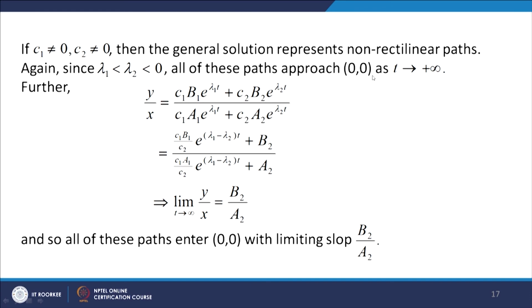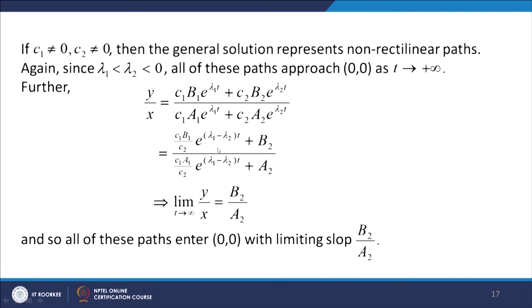So, what will happen is that now this equation we can write as c1 b1 over c2, because c2 is not 0, we can divide by c2, and e to the power lambda 2 t also we can divide in the numerator and denominator. So, (c1 b1 over c2) e to the power (lambda 1 minus lambda 2) t plus b2, over (c1 a1 over c2) e to the power (lambda 1 minus lambda 2) t plus a2. Now, lambda 1 is less than lambda 2, so lambda 1 minus lambda 2 is negative.